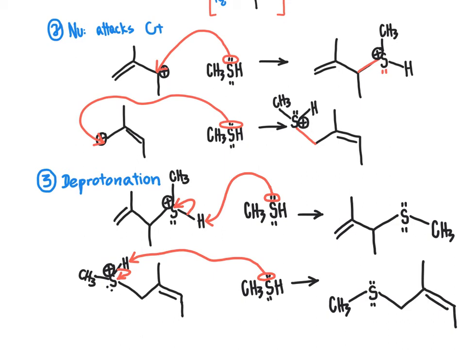And here we go. So one thing to ask yourself at the end of these processes is whether you've actually made 2 different constitutional isomers here in the red box, or whether you have simply redrawn the same thing twice. So the way that we can tell that is whether we have changed the skeleton of the molecule in any way.